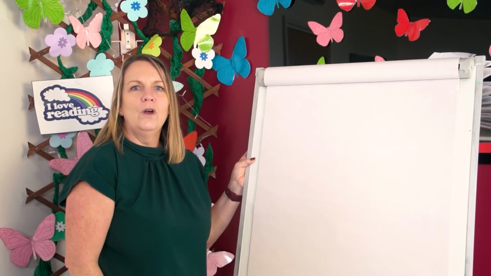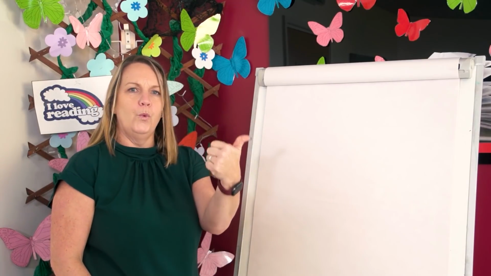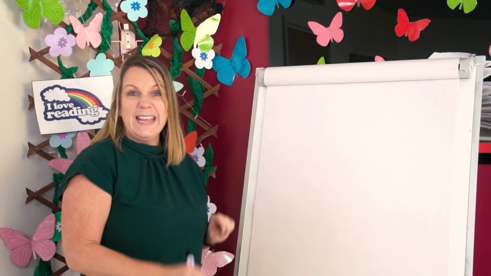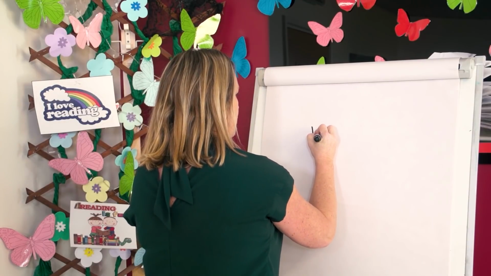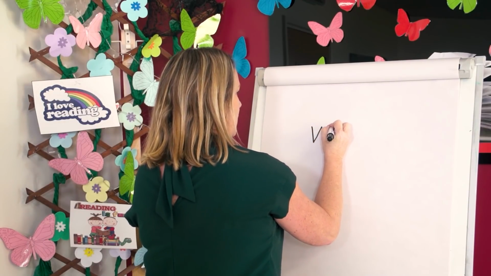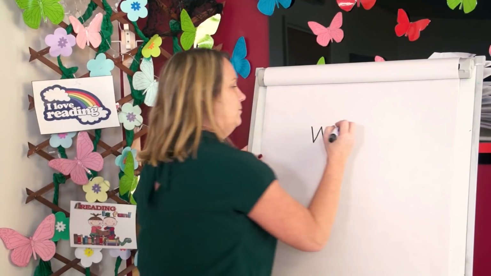Would. W-u-d. Let's count how many sounds there are. W-u-d. That's three sounds. Well, the beginning bit is easy. W. But the next bit is tricky because the letters o-u-l say u.